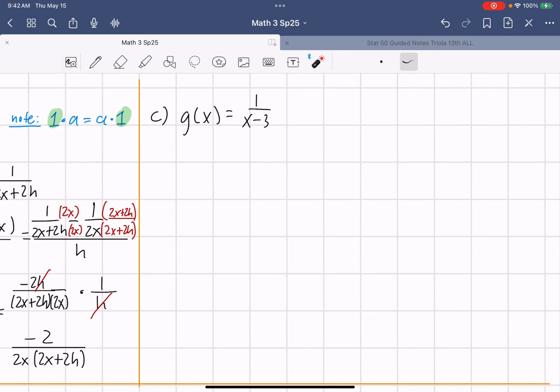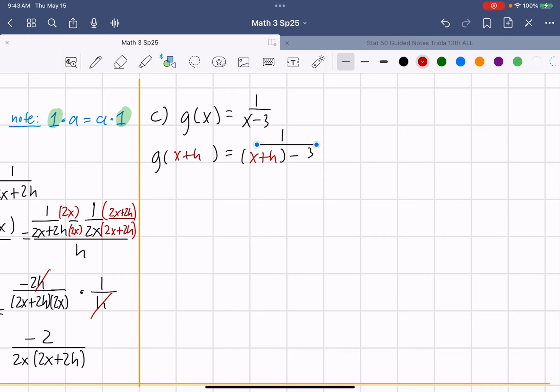Now this one's going to be a little bit bigger, but it's a fraction, so it has a very similar concept as the last one. So I'm going to find my g of x plus h first. But if you notice, I like to write my parentheses so that when I input the x plus h, no errors, right?